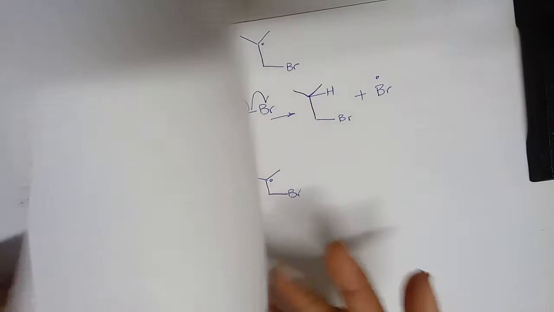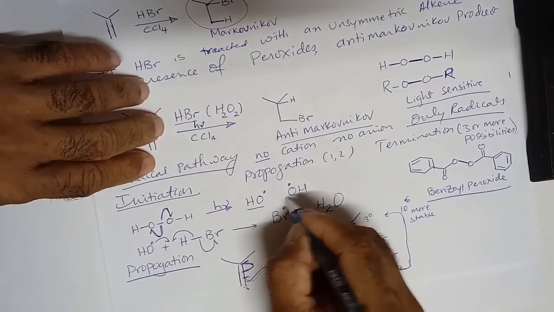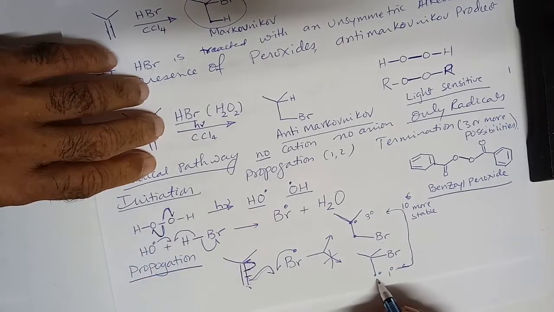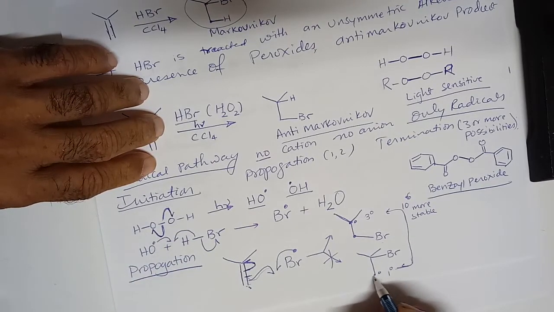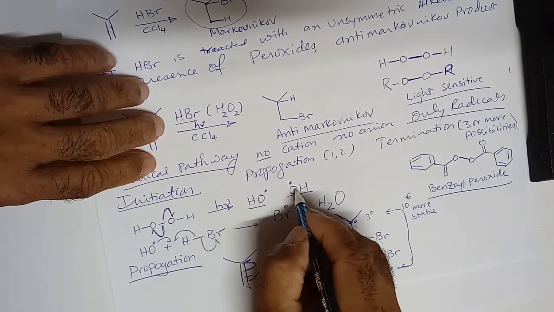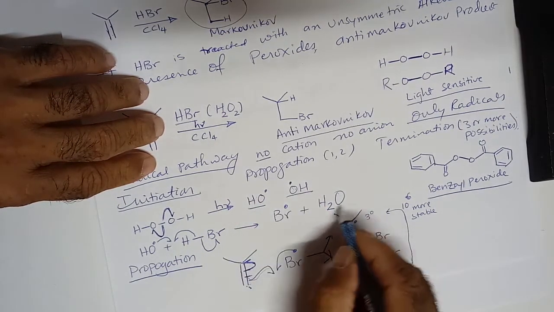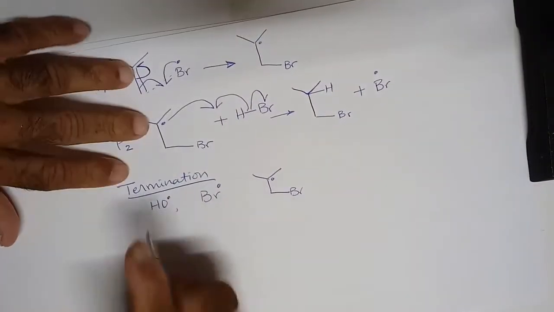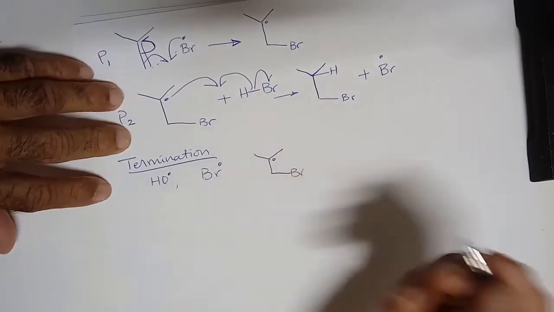We did not make any other radicals in this game. We did not make this radical either because this wasn't stable. So the only radicals available are hydroxy radical, bromine radical, or this tertiary radical containing one bromine. So these three can make 6 possible choices.